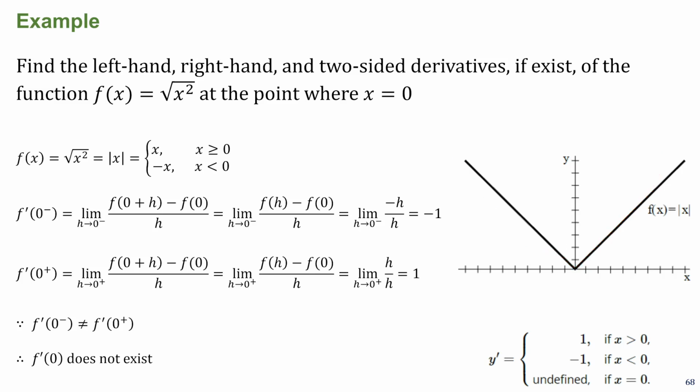So now we want to find its left derivative at x equals 0, which means f'(0) when h approaches 0 from the negative side. According to the definition of derivative, that equals (f(0+h) - f(0))/h, right? And that equals (f(h) - f(0))/h.